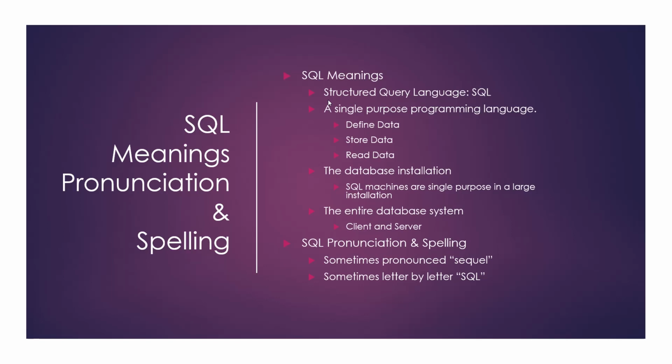It's all about data. So it doesn't do user interfaces. It doesn't do anything else. It stores, manages, and reads data. So that's one meaning of SQL, the language itself. But it can also be the database installation. SQL machines are single purpose in a large installation. Or the entire database system, both the client and the server, can be called SQL.